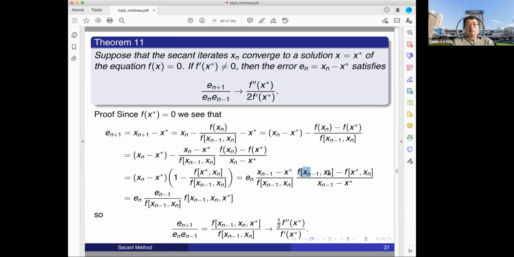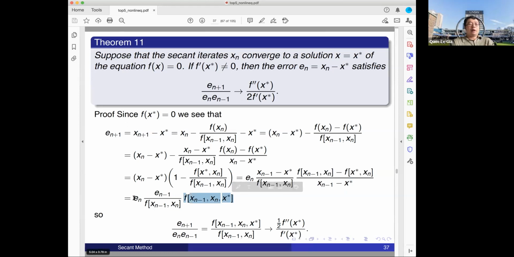And then this one now is a divided difference over 3 points. You see that this one is a divided difference over 3 points: xn minus 1, xn and x star, if you remember the divided difference. So this one gives you this term.